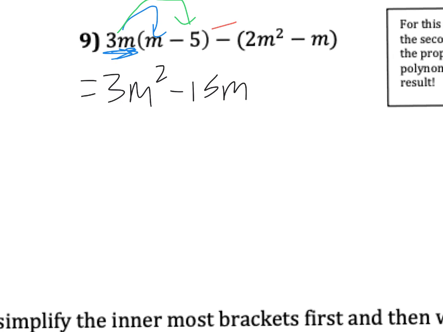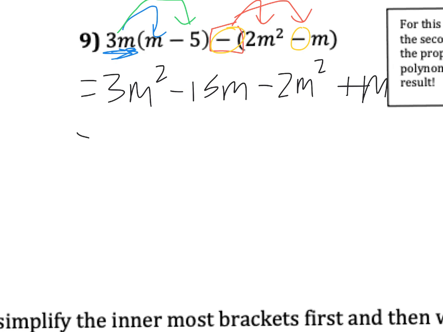This round, we're taking a negative and we're distributing it inside. And believe it or not, we've done this before with just a solo negative with no number next to it. So you can use any of the tricks I've taught you. A negative times a positive is a negative 2m squared. And then I see I've got a negative times a negative, which is a positive, and then I add my m. Don't forget to collect your like terms.